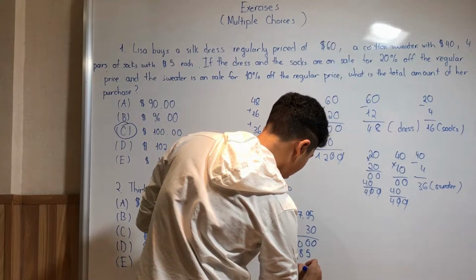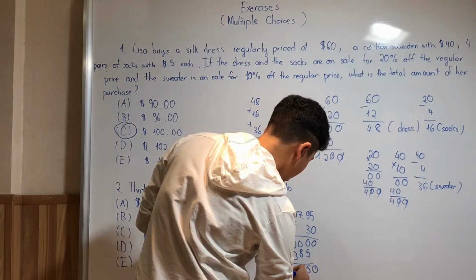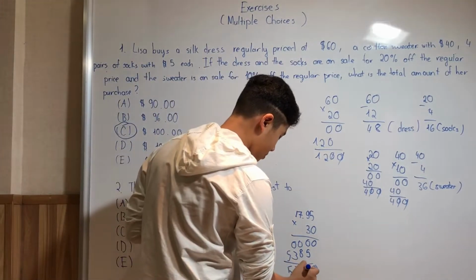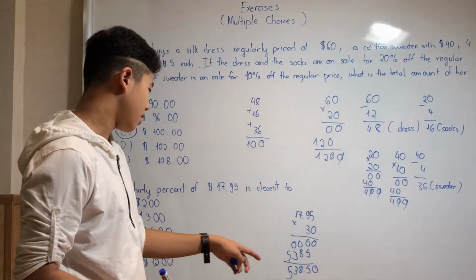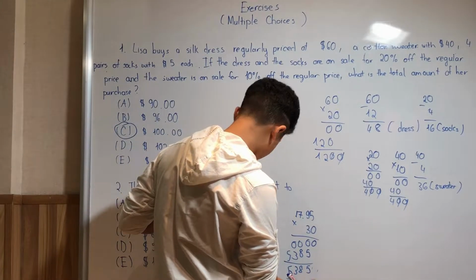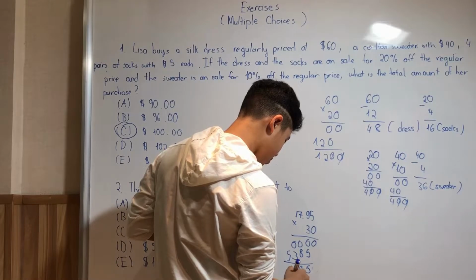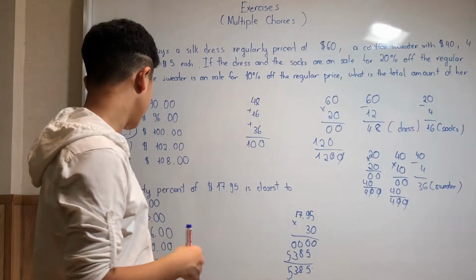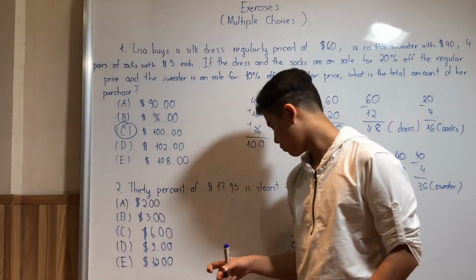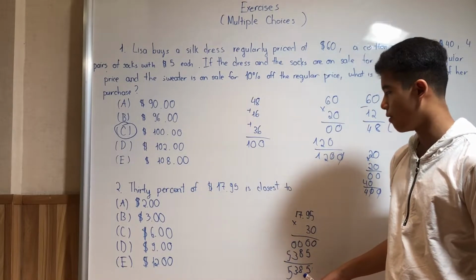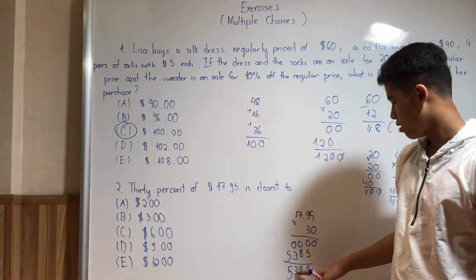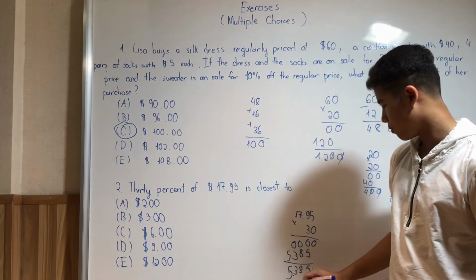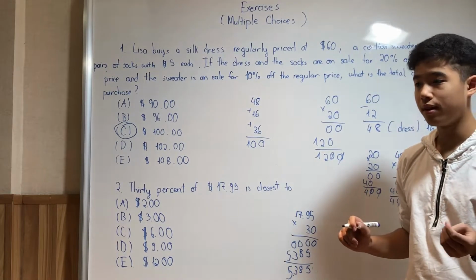So we add all of them together, we got 5385, count up the decimal places, and we get 5.385.